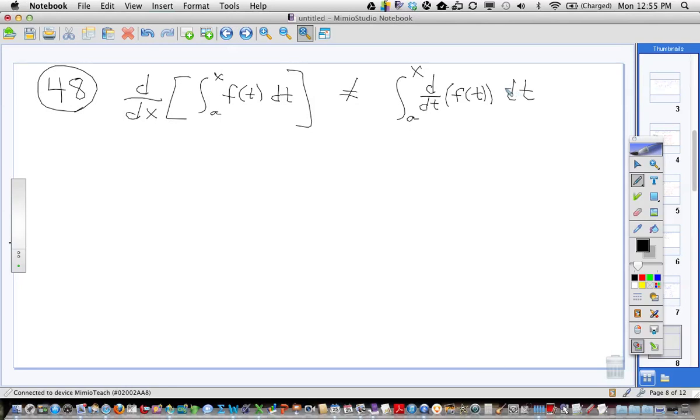Right? You're supposed to show that the left side is not equal to the right side. Now what is that saying? What's the difference between those two sides?